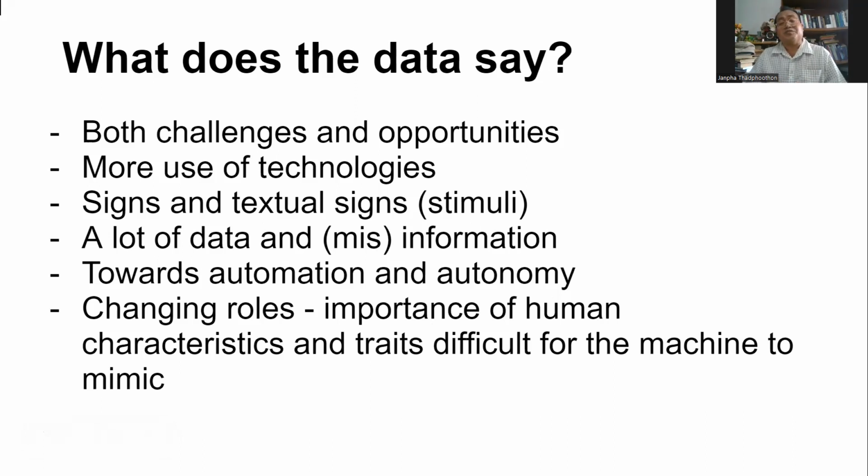We are moving towards automation and autonomy, like learner autonomy. Changing roles, very important human characteristics and traits, difficult for the machine to mimic. So this is what we have learned.